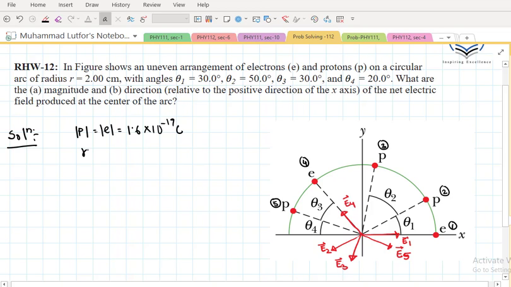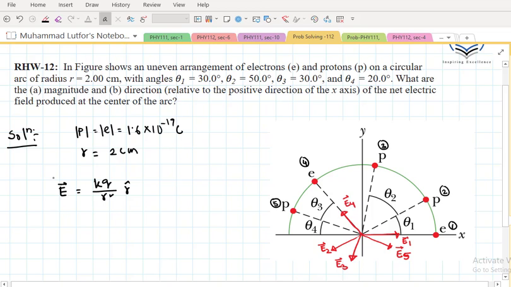They gave me the radius of the circular track, 2 centimeters. In general, the electric field of a charged particle at the center will use kq over r square, that is the magnitude, and r hat.